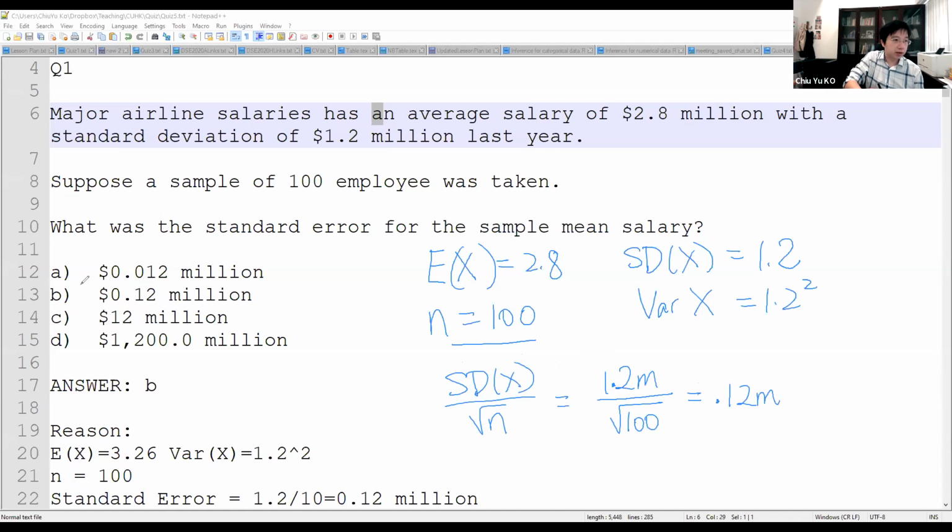So the answer is B. Is that okay? For the first question, is that okay?